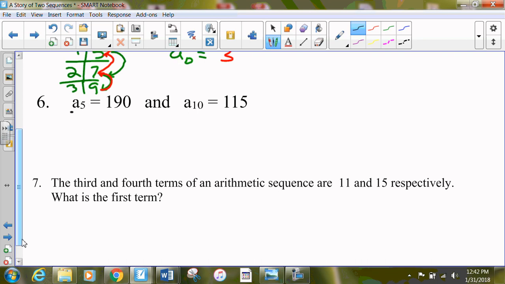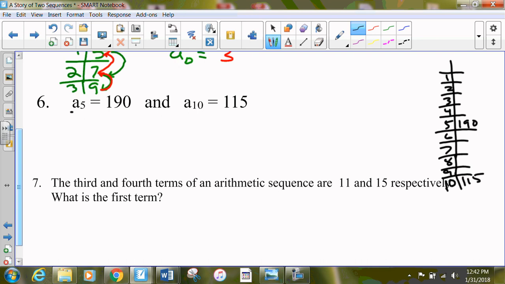So I'm going to do this big table where I have 1, 2, 3, 4, 5. I know the 5th term is 190, and then 6, 7, 8, 9, 10. Okay, and the 10th term is 115. If I wanted to know what my common difference is, I'm looking at, well, how many jumps did I make to get from 190 to 115?